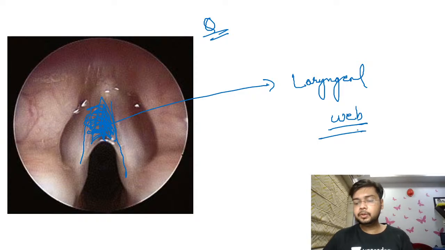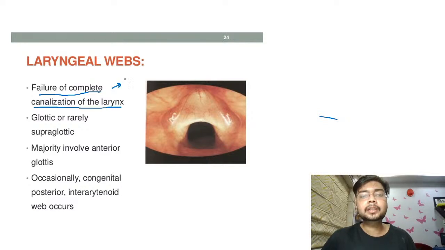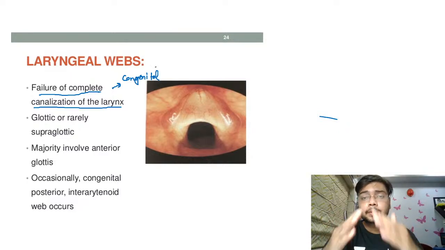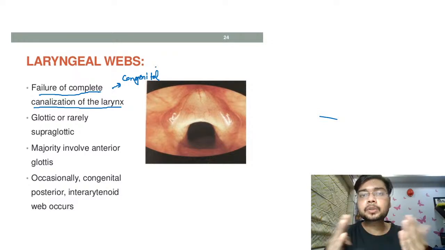So they are giving you different pictures of laryngoscopy, and you need to identify and know the pathology. These webs are formed due to failure of complete canalization of the larynx. That means mostly these are congenital, but yes, they can also occur as an acquired condition if the vocal cords get injured on both surfaces and the mucosa becomes bare.